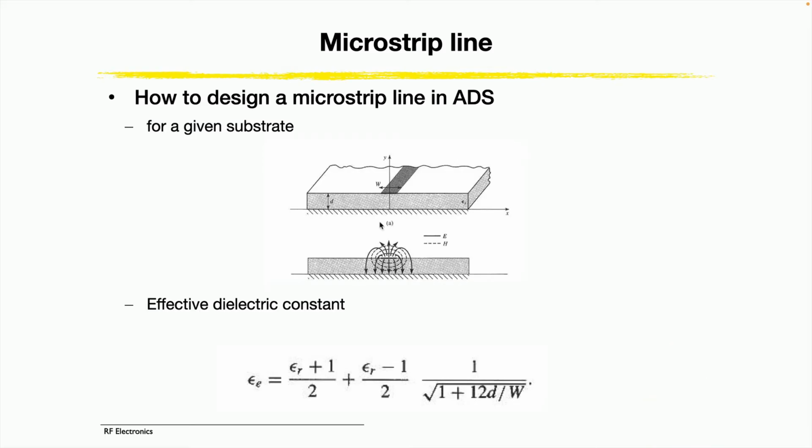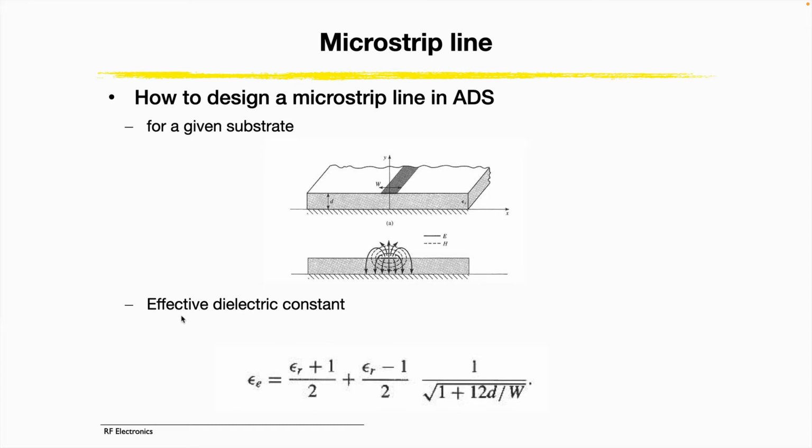So let me show you this slide here. So you see that for a microstrip line, part of the electric field travels within the substrate, but part of it travels outside the substrate, which in general is air.